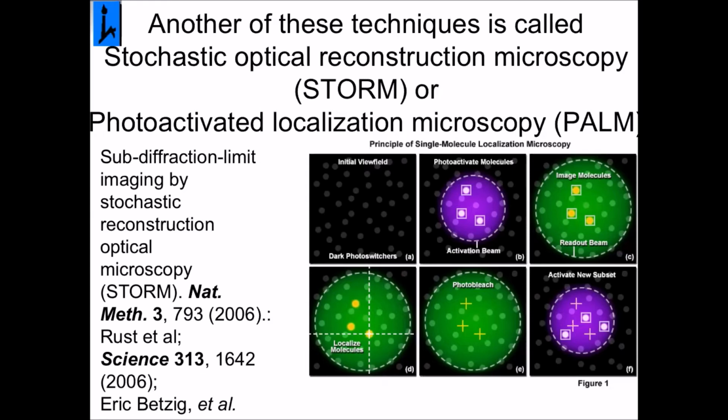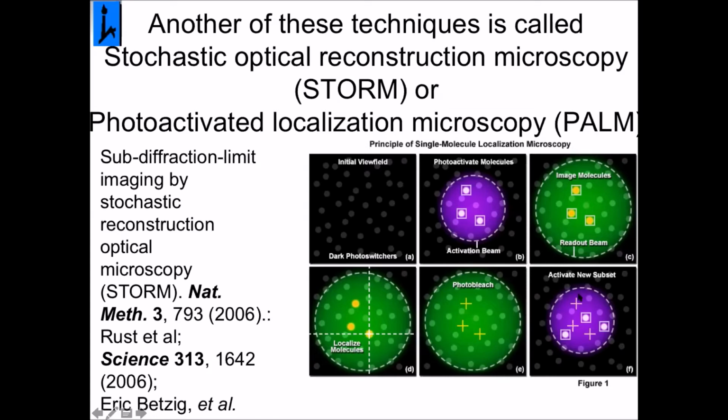And that's called a point spread function. The center of the point spread function is determined to be the location of the molecule. So you can very accurately localize these 3 objects. Then you give another pulse of light at another color and make them dark again. Then you give the UV pulse again, and you get 3 more molecules. And you localize them very well.